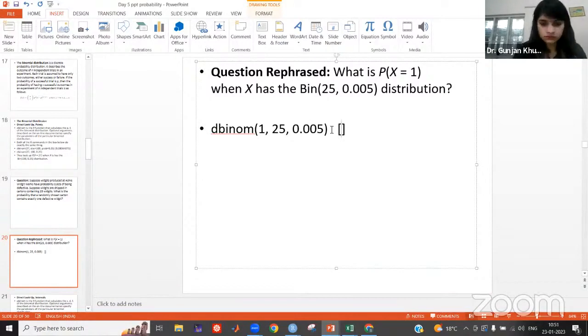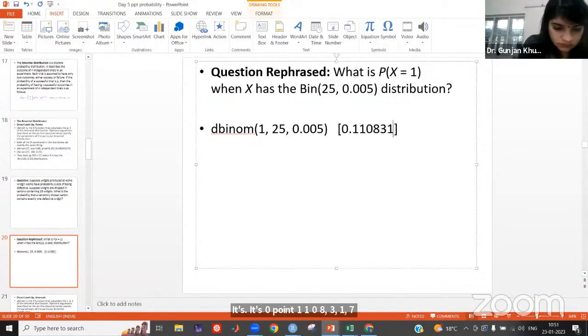It's 0.11083117. Okay, we'll confirm it. 0.005, right? It is 0.11083117. Right.